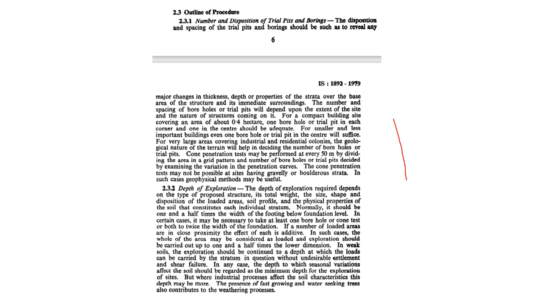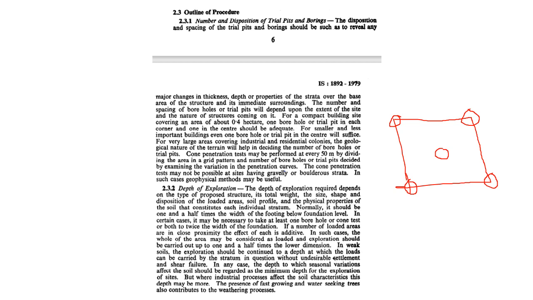So suppose, I'm sorry, this is the compact building they are talking about. So what they are saying is, okay, suppose this is the plan, then what you can do is take boreholes at each corner, okay, and then you can take a borehole at the center.